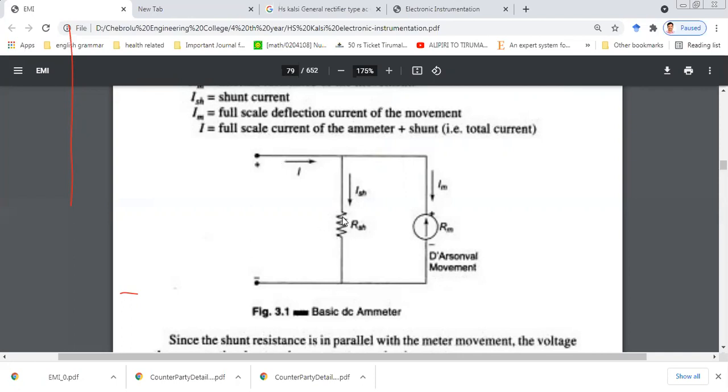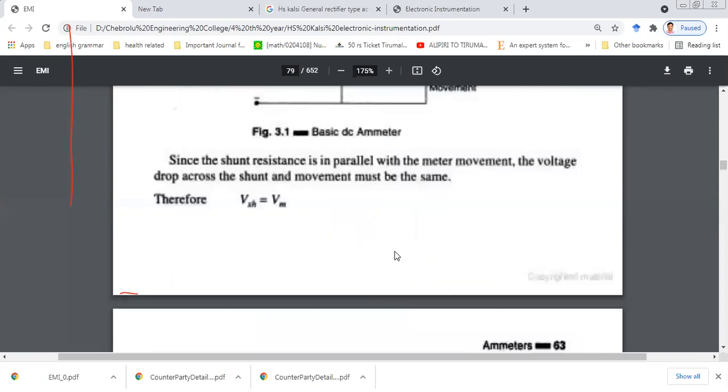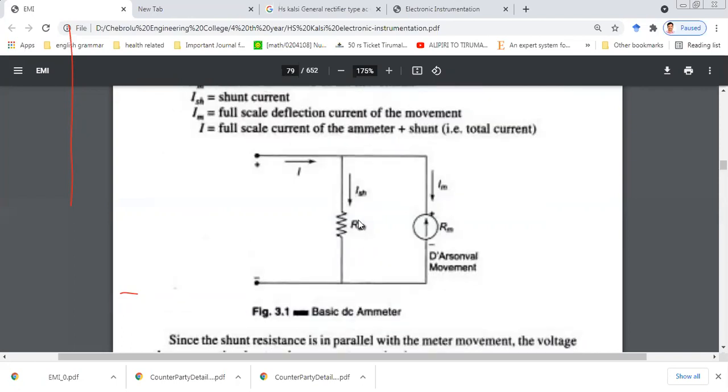That's why shunt values are low resistance values, and multiplier resistances have high resistance values, because they are connected in series with the basic meter in DC voltmeters.